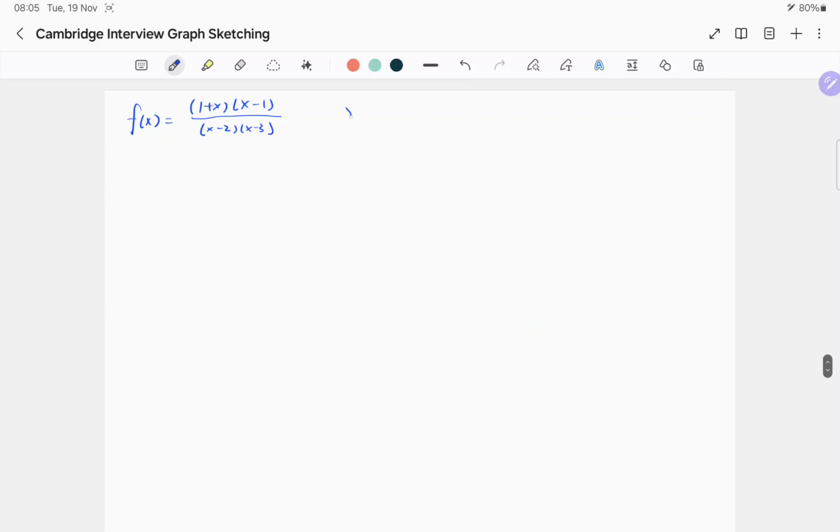At a glance, you will find that the domain is x not equal to 2 or 3. And this function does not have any nature. Let's put a coordinate here, x, y. 2 and 3, those are not defined. And remember what I said, if there are points that are not defined, it means that there is probably an asymptote.